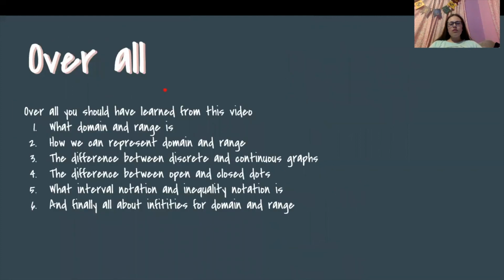Overall, you should have learned from this video what domain and range are, how we can represent domain and range, the difference between discrete and continuous graphs, the difference between open and closed dots, what interval notation and inequality notation are, and finally all about infinities for domain and range.